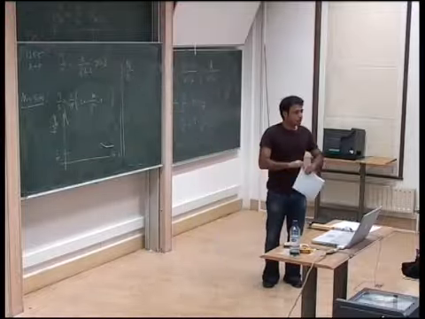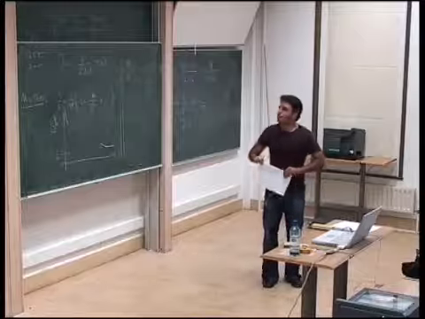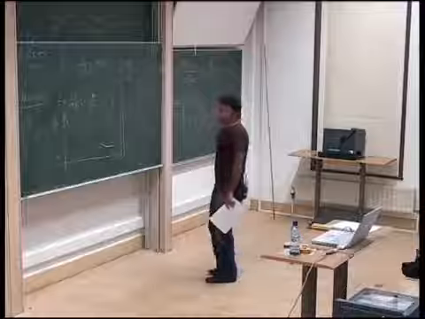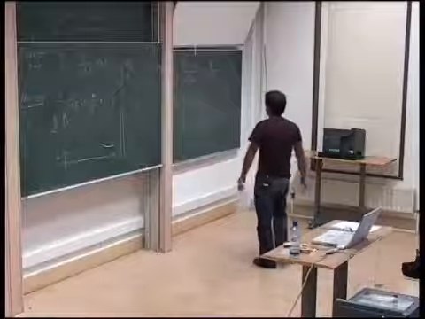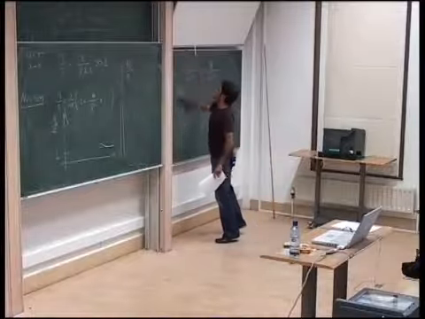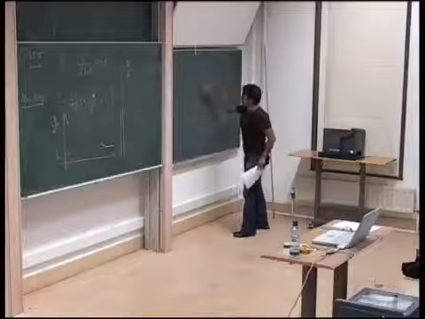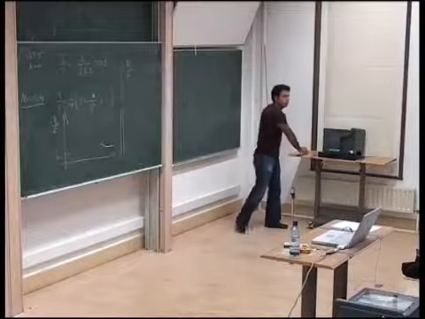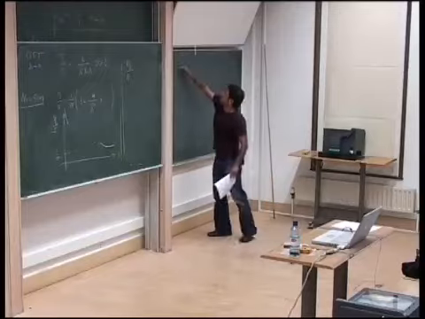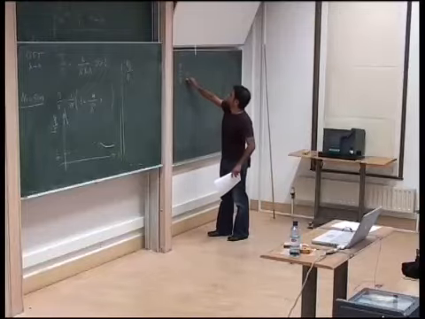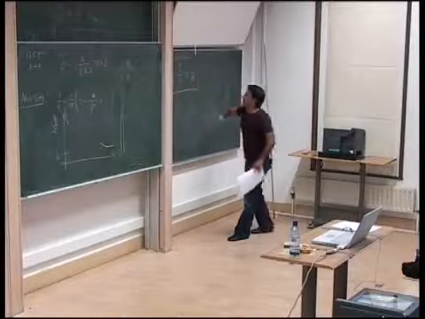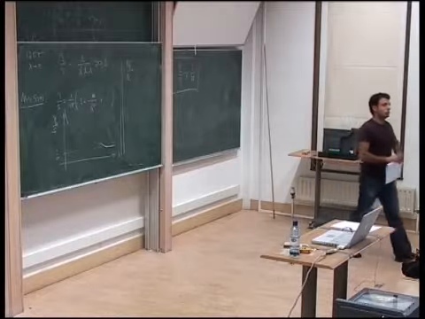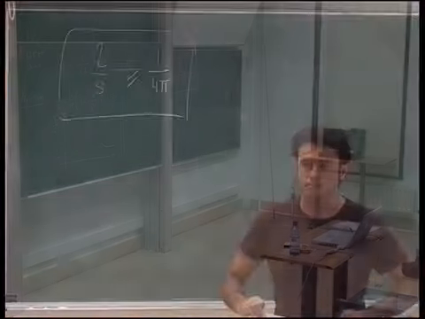So all of this suggests, and led, well, some of this evidence they didn't know, but in any case some authors conjecture that 1 over 4 pi is a universal lower bound at least for any relativistic quantum field theory at finite temperature.